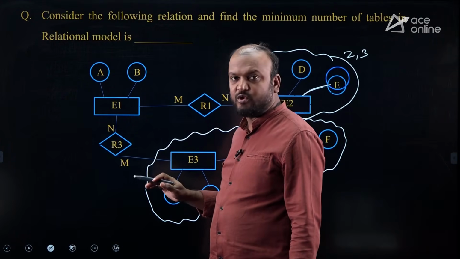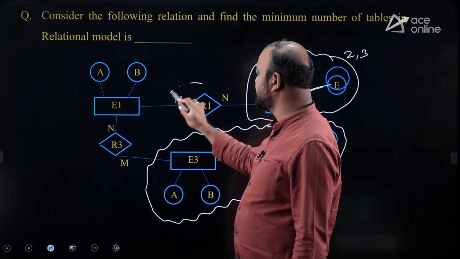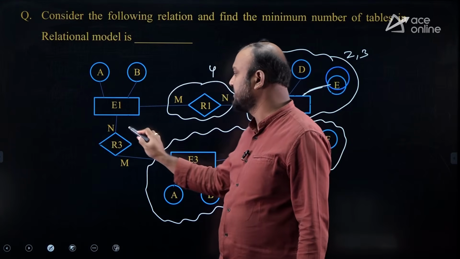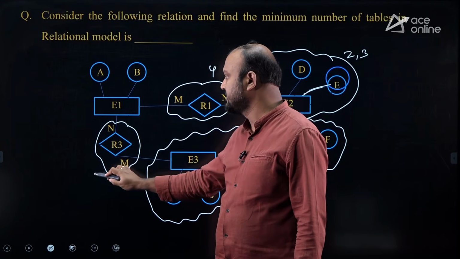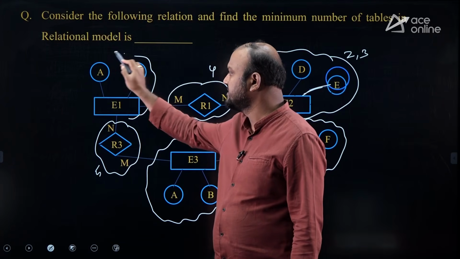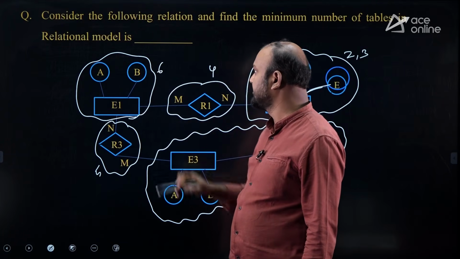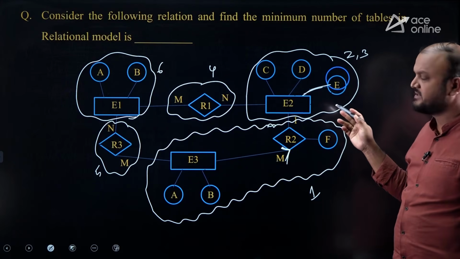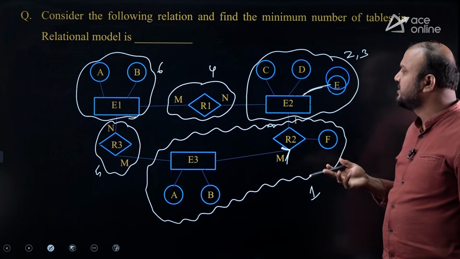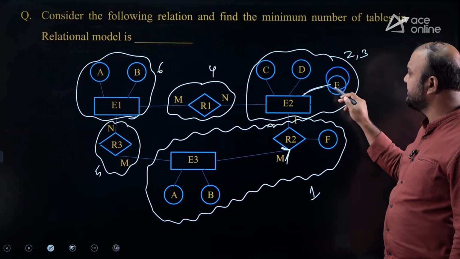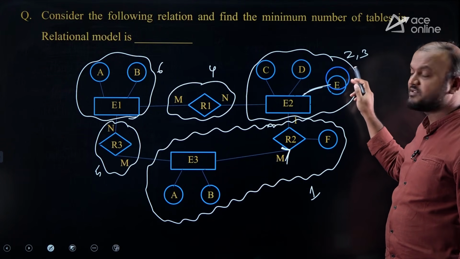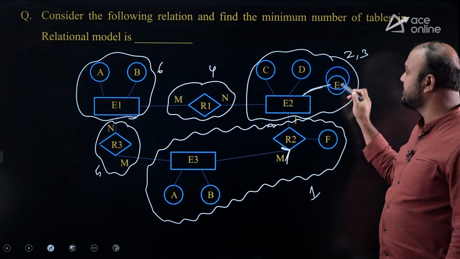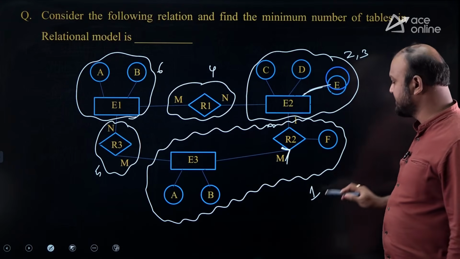And there are no mergings of relationships, so the relationships should be separate: this is the fourth table, this is the fifth table and this is the sixth table. Suppose you haven't observed this multi-valued attribute, because that is a display issue, and you don't take it as a multi-valued attribute, it cannot be represented as two tables, then your answer should be 5 tables. But if anybody observed it as a multi-valued attribute, then your answer should be 6 tables.